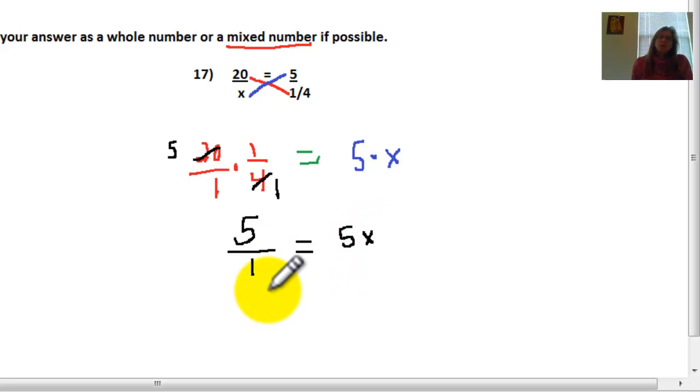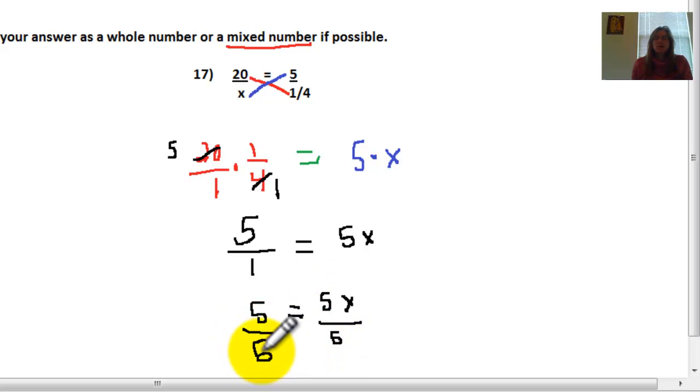5 over 1, let's put it back to 5. And this is nice and easy. So we're going to divide both sides by 5, because whatever you do to this side, you have to do to this side. And look at that. It becomes an x.